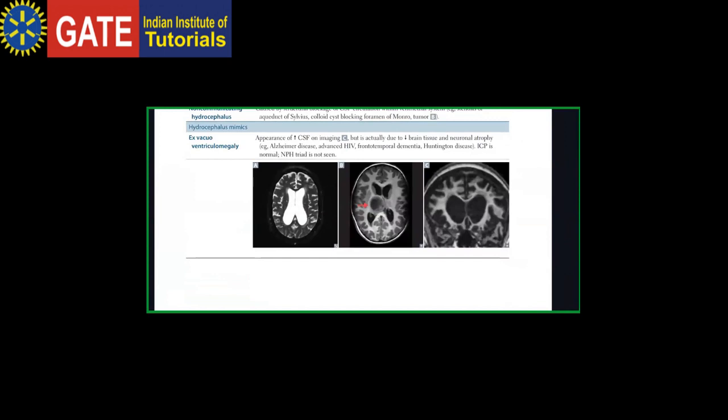Comparatively, the neural tissue is becoming less, it's not the CSF that's becoming more. That's why in all these neurodegenerative diseases, Alzheimer's, frontotemporal dementia, Huntington's, apart from the Alzheimer's patient having a cerebral atrophy, the gyri become very narrow and neural tissue is lost. You can also have hydrocephalus ex vacuo.